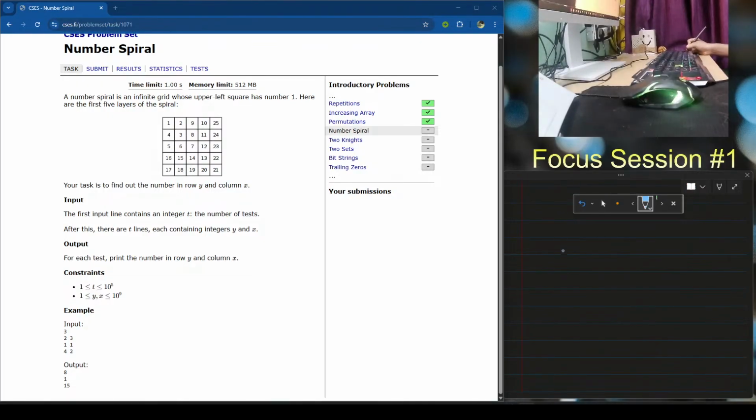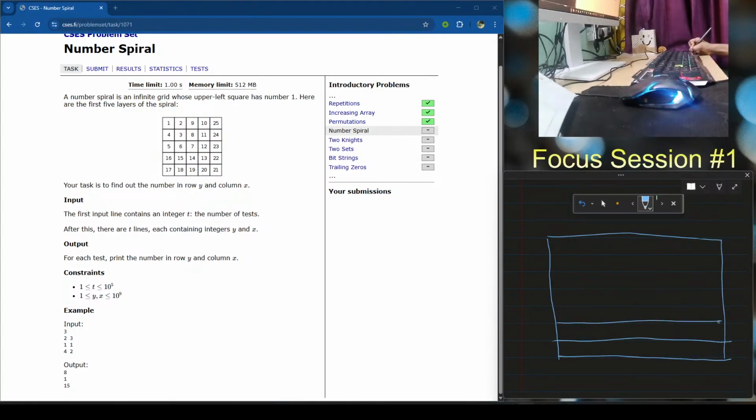This one is row one and column one. Let me just create a grid and think of solving this problem.